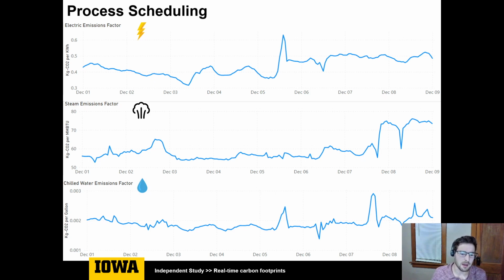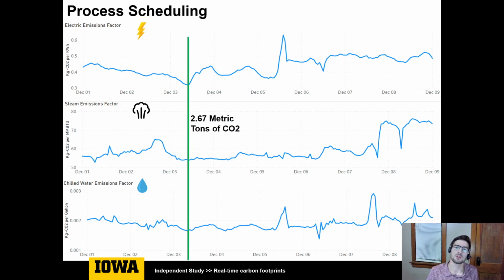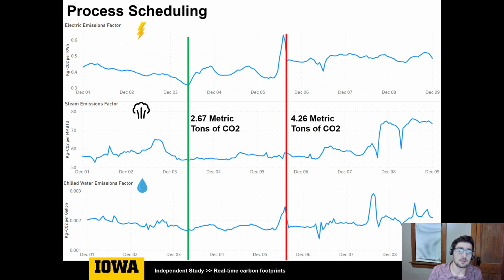So the best time to use these resources in terms of your carbon impact is right here. So that will yield 2.67 metric tons of CO2 if you use those resources then. If you use these resources here, though, it's going to yield 4.26 metric tons of CO2. So the savings is 1.59 metric tons of CO2, which is significant.